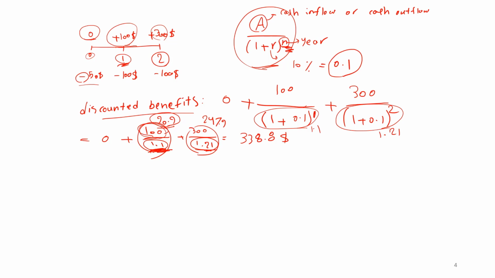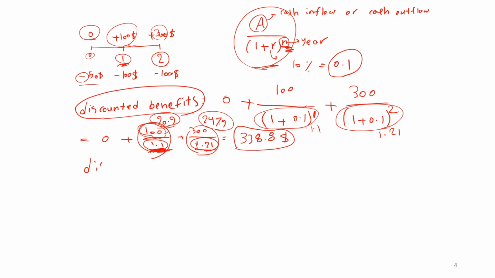So 300 over 1.21 is $247.9. It means that if you have, for example, $300 now, after 2 years it is worth about $247.9. So it is worth less, right? So if you add all of them, you will get this money, which is totally discounted benefits or discounted income.